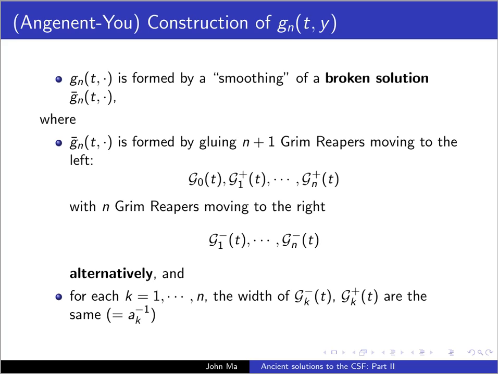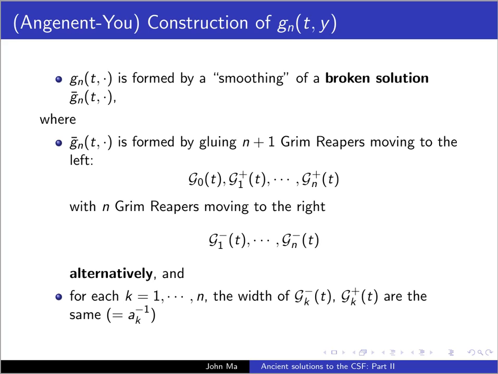Now I have to tell you how to construct this Gn. This is the smoothing method by Angenent and Yu. Before constructing this Gn, they first construct a broken solution, which I call G bar of n. G bar of n is formed by Grim Reapers.